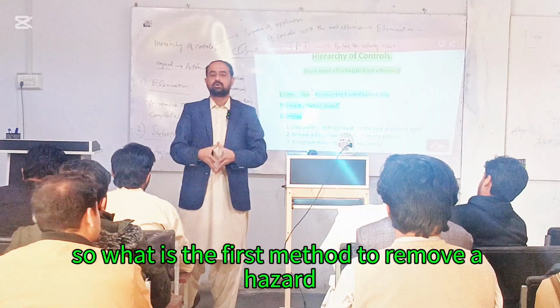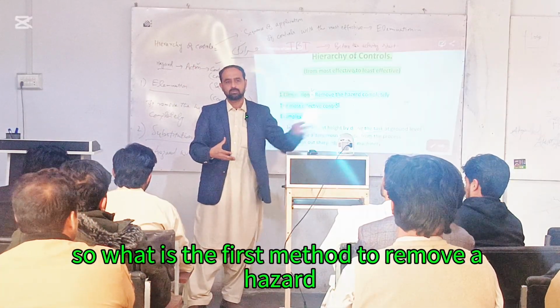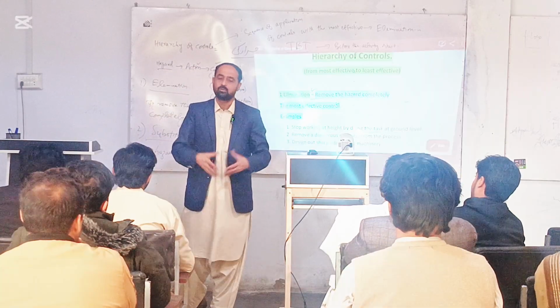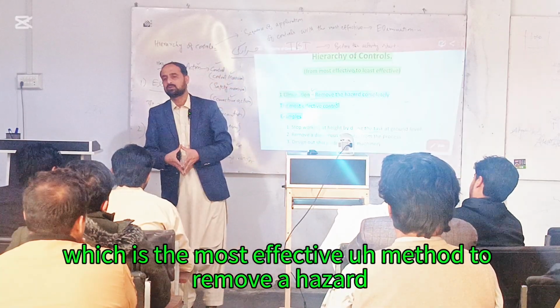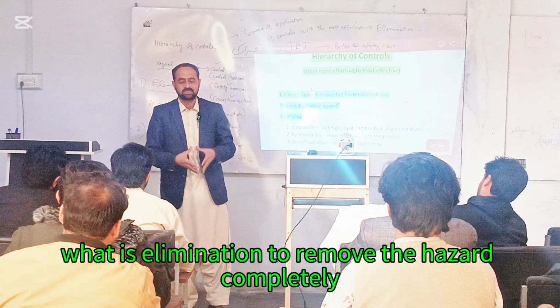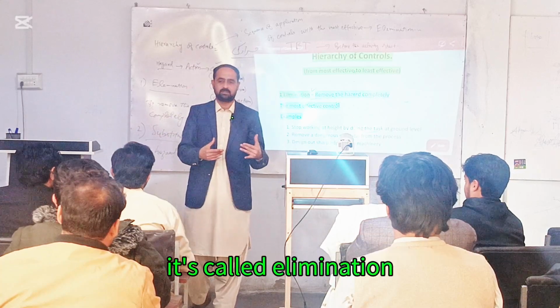Okay, so what is the first method to remove a hazard? The first method to remove a hazard is elimination, which is the most effective method. What is elimination? To remove the hazard completely is called elimination.